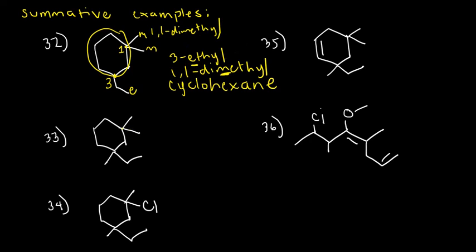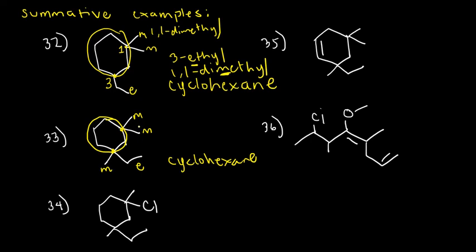For 33, things are a little bit different, well, except for the parent, which is still cyclohexane. So now we have here 2 methyls at this carbon and 2 substituents at the bottom, methyl versus ethyl. So either way, you will have 1,1,3,3 or 1,1,3,3. So now you cannot use the first point of difference. It's a tie.